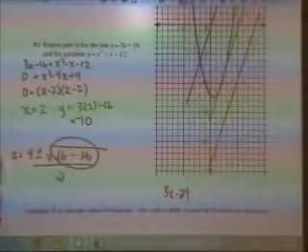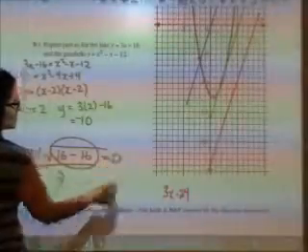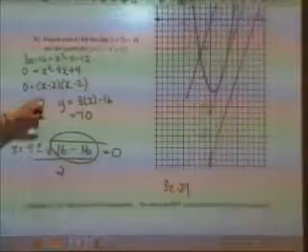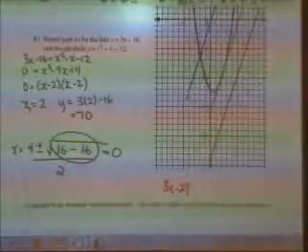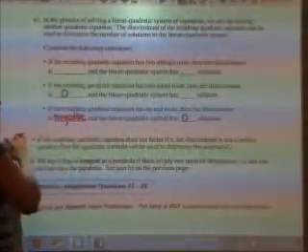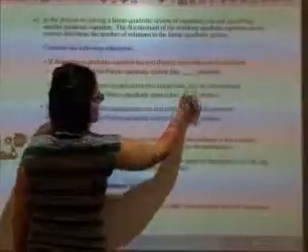The discriminant in this case is equal to 0. So if the resulting quadratic has two real and equal roots, because when I solved this, I got x equals 2 and x equals 2, they were two roots, they were just the same root. The discriminant is equal to 0, and the system has one solution.